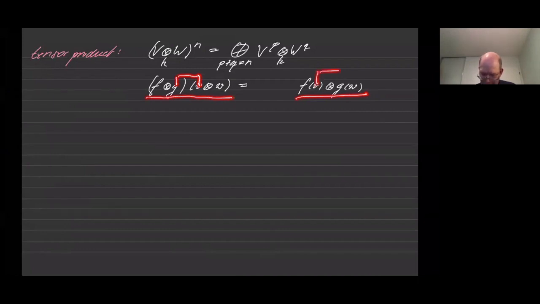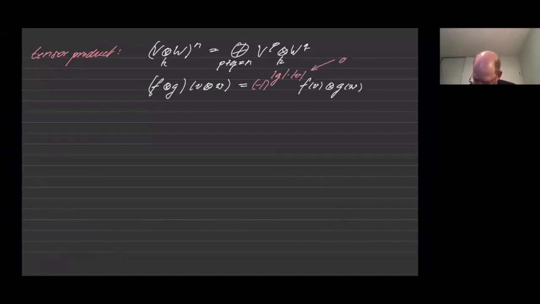By the Koszul sign rule, whenever we commute an element of degree p with an element of degree q, we should insert a sign (-1)^(pq). So here we need to insert a sign (-1) to the degree of g times the degree of v, where the vertical bars denote the degree. This is the Koszul sign rule.